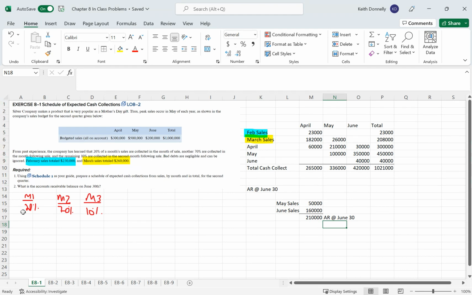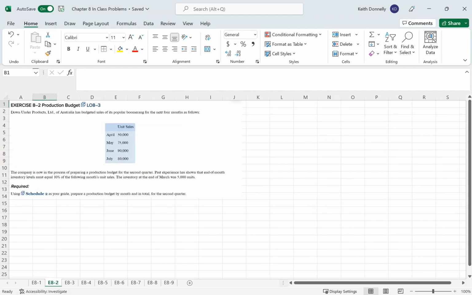Okay, so let's move on to a 2 here, see what they're asking for in this case. They're telling us down under, products of Australia. I guess it's like a pun, right? Down under Australia. They have budgeted sales of its popular boomerang for the next 4 months as follows.